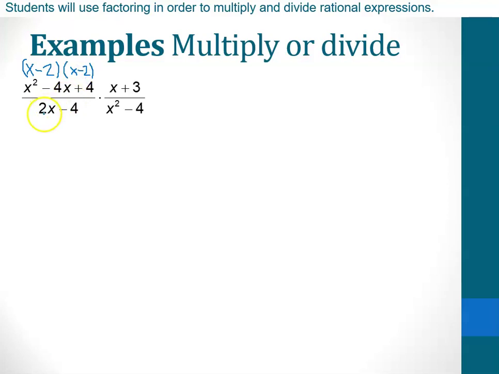Okay, here we have a GCF of 2, so take the 2 out. That leaves us with x minus 2. Here x squared minus 4 factors into x plus 4, or excuse me, x plus 2, and x minus 2.